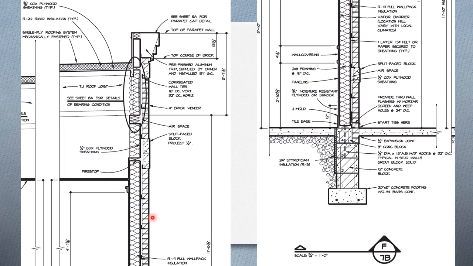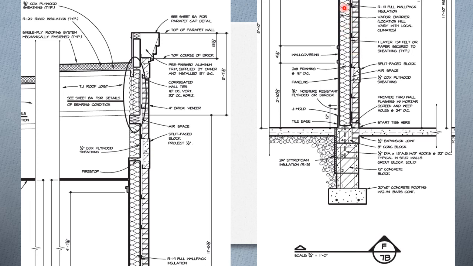Now, we will talk about what's in the framing when we talk about above ground structure. But I just wanted to point out that going from right to left, I have here a brick veneer. I have sheathing. I have a layer of felt secured to the sheathing. I have the studs.